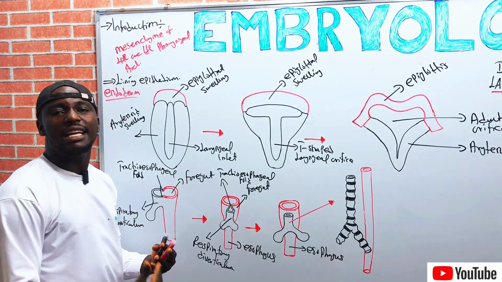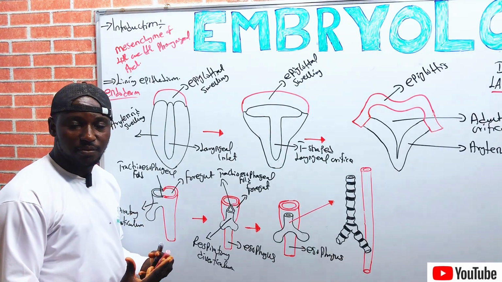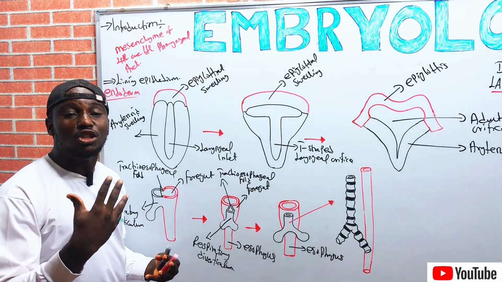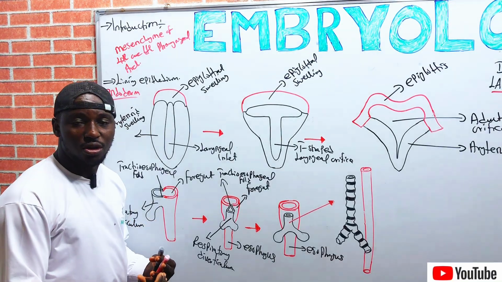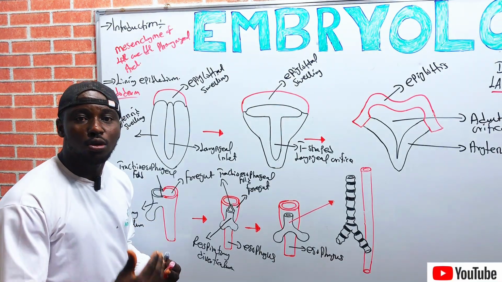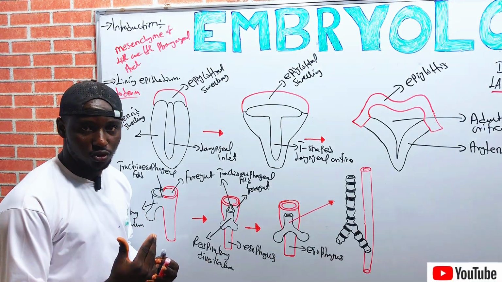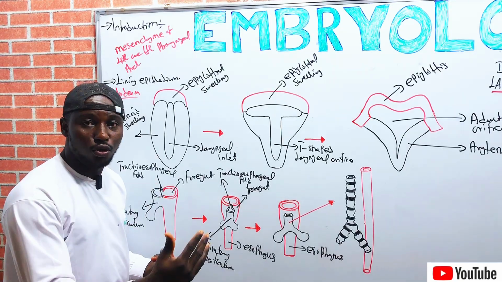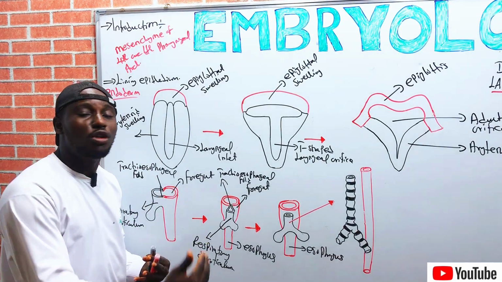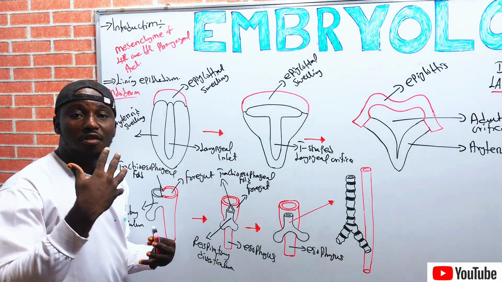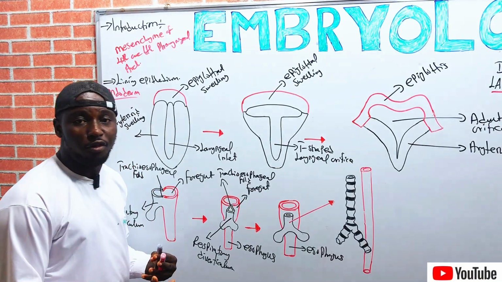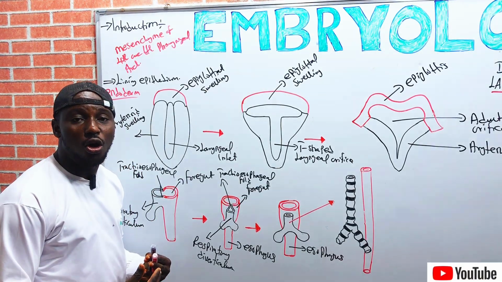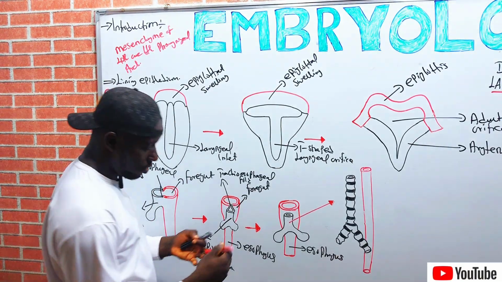So during the recanalization of the larynx, those endodermal cells choose to form two pairs of folds called the upper fold and the lower fold. The upper fold is called the vestibular fold, while the lower fold is called the vocal fold.